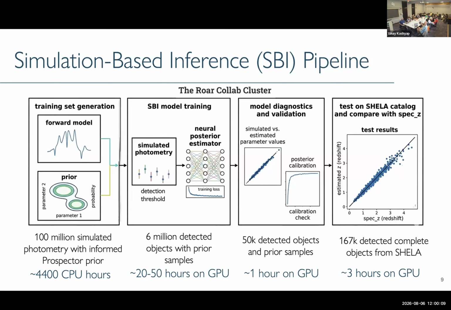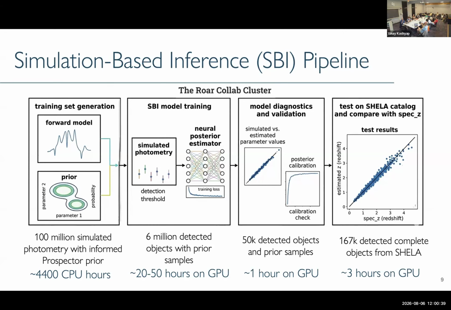After we get the simulated photometry, we apply the detection limit, and that leaves about 6 million. The detection percentage is about 6 to 7%, depending on the tile. We do a training set and testing set split, and we use the neural spline flow under this NPE to train, which takes about 20 to 50 hours.